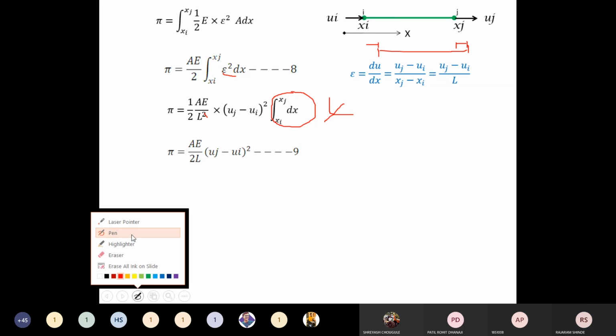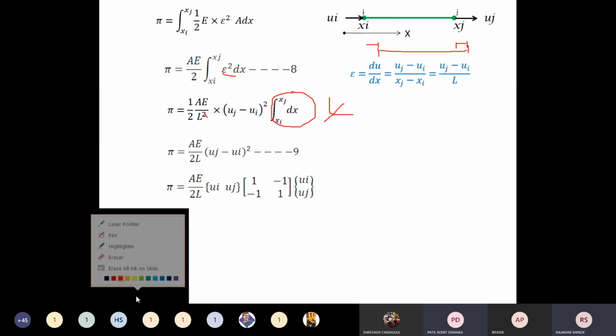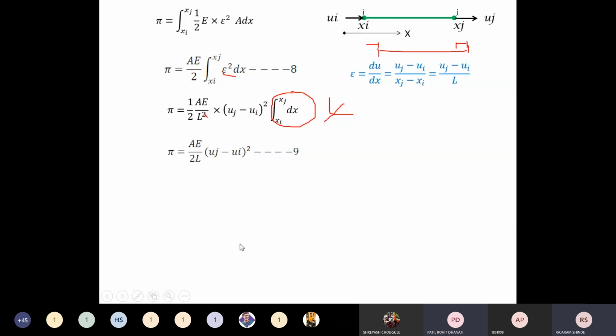After that, I can expand this strain energy equation. You see here. Okay. I will get here uj square minus 2ui uj plus ui square, or I will write here ui square minus 2ui uj plus uj square.